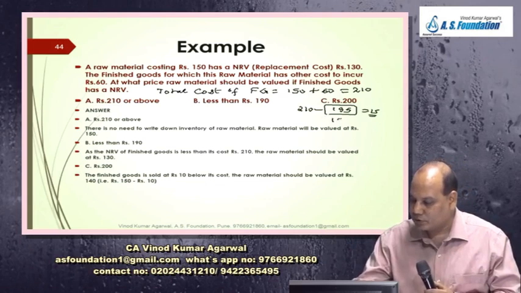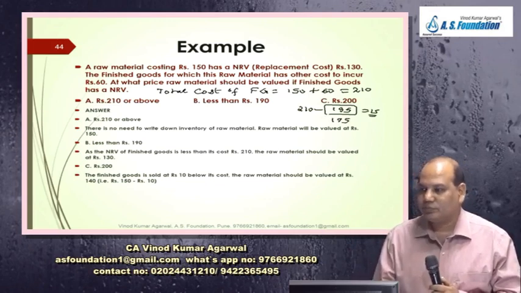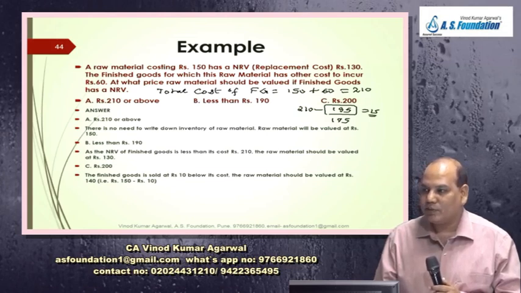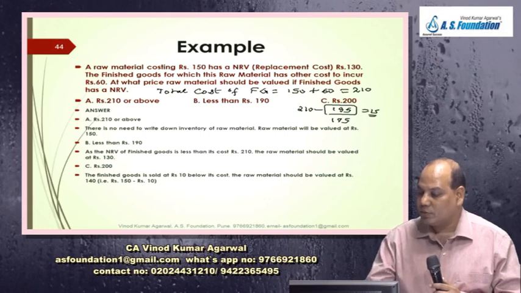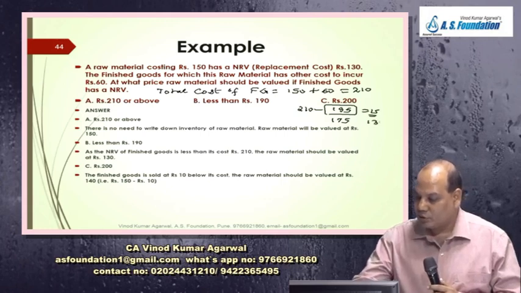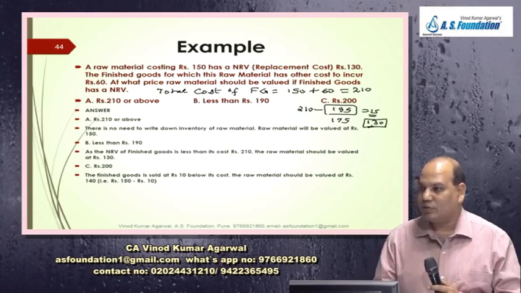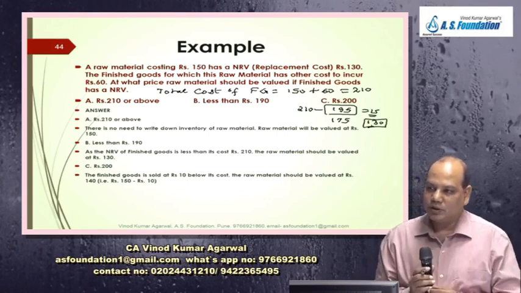Okay, one more. Suppose it is 175. If the finished goods can be sold at 175, what will be the value of raw material in this case? Now in this case the answer will be 130, because in any case my answer cannot go below 130.